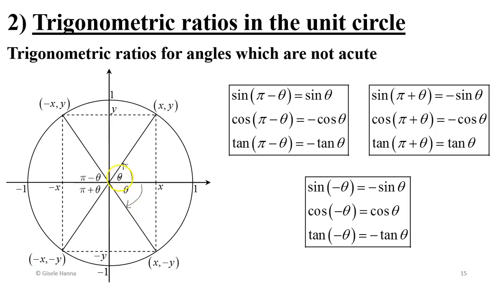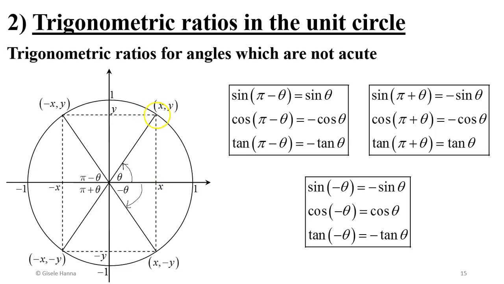So, since theta and negative theta have the same measure for the angle, except one is positive and the other one is negative, then these two would actually be symmetrical. Their corresponding segments are symmetrical with respect to the x-axis.